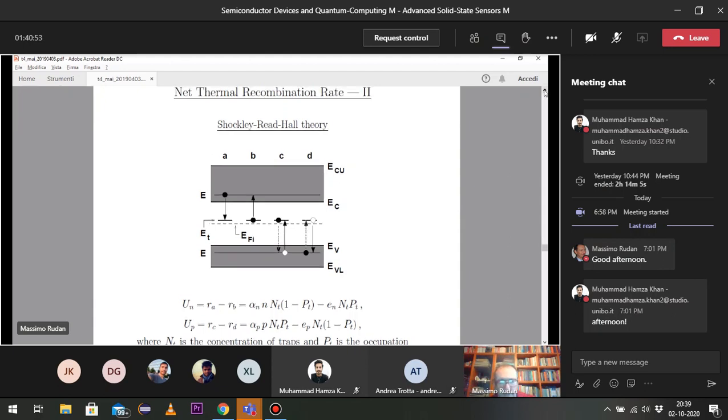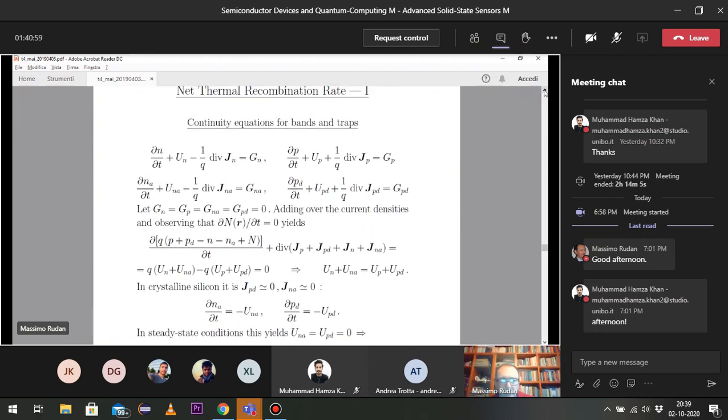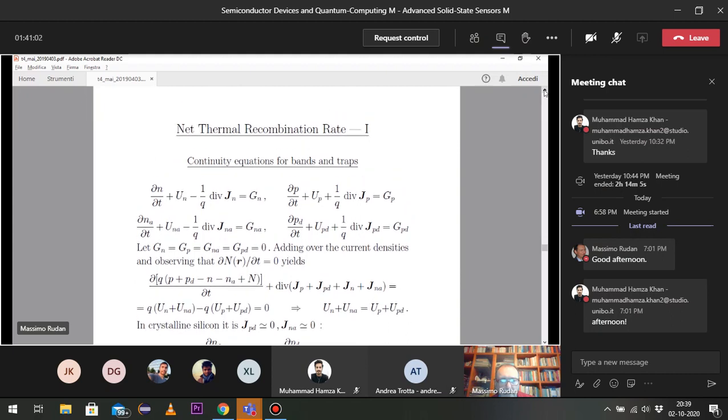So I go up one page, and you see here the set of four continuity equations for bands and traps, okay? The two equations for the bands are the usual ones, so nothing new. Those of the traps are written down simply by copying the corresponding equations for the bands and changing a little bit the symbols.